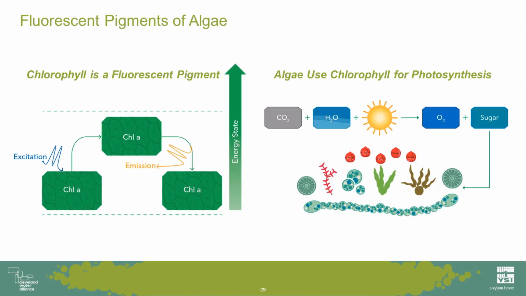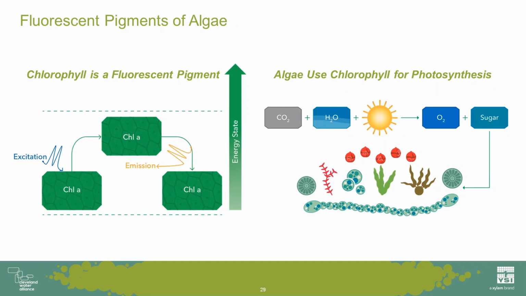Some, of course, is lost as heat, some is emitted as light, as shown here, but what's unique is that some of that energy ends up in the chemical bonds of sugar during the process of photosynthesis that again is represented here. That sugar fuels the growth of all photosynthetic organisms, including algae. In other words, this is the way that energy and carbon get assimilated into the biomass of the algae.